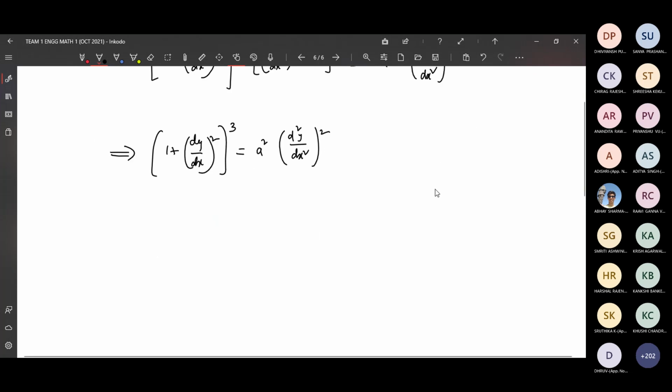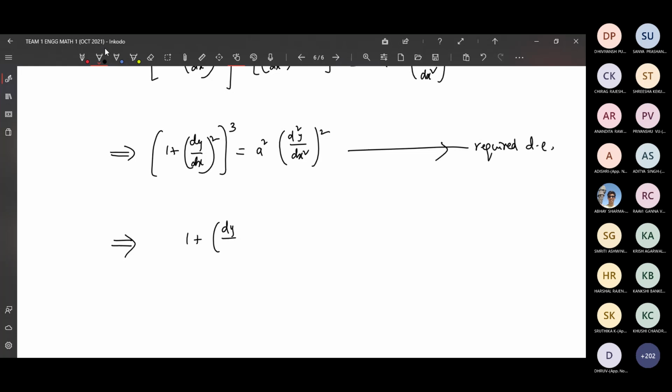Then what is the right hand side? If you take square root on both sides, then this is nothing but 1 plus. Of course, this is the required differential equation. This is the required differential equation.